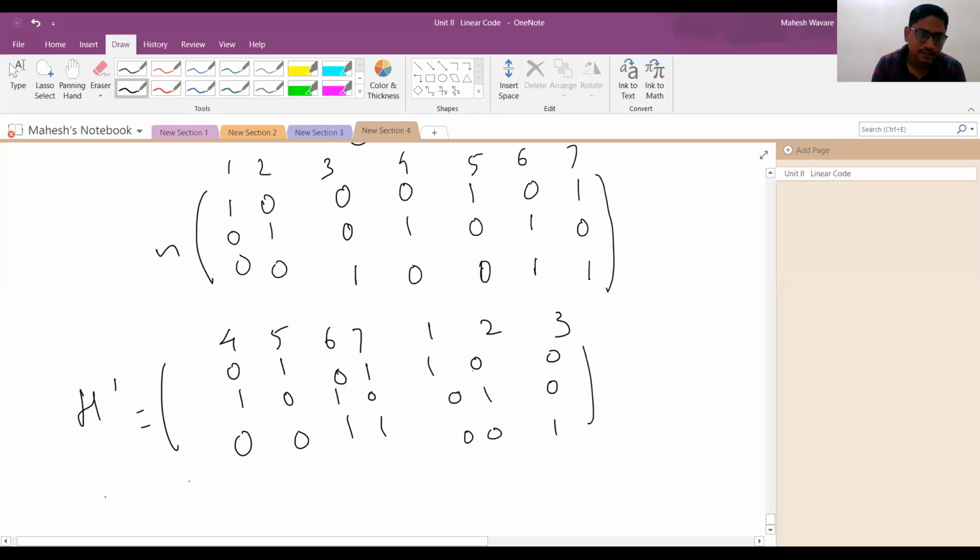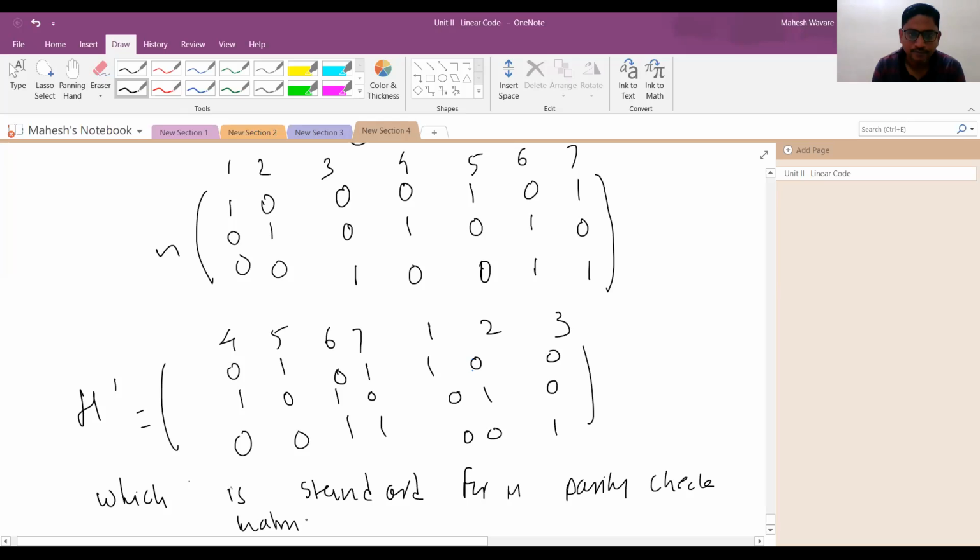So this is the standard form parity check matrix for the code C dash. And C and C dash are equivalent.